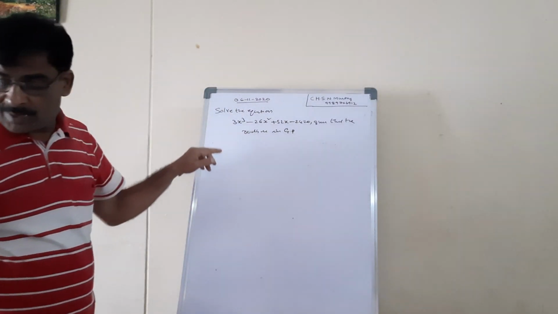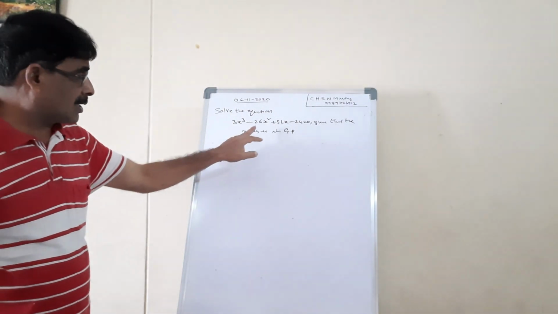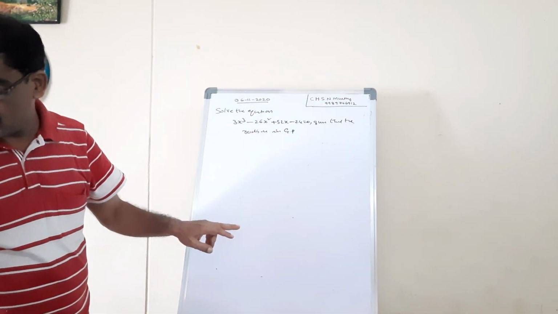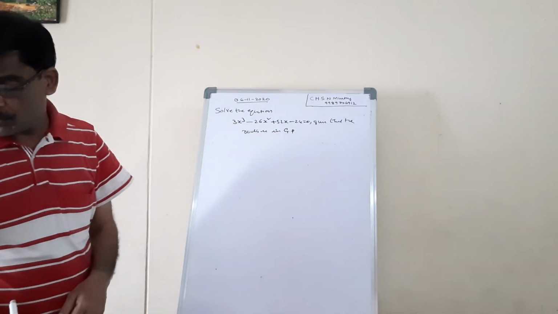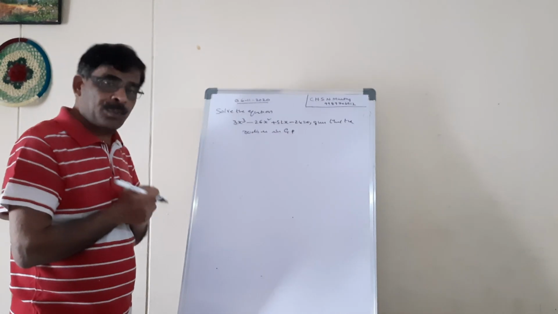Let me repeat the problem once again. 3x cube minus 26x square plus 52x minus 24. Okay, the roots are in geometric progression.